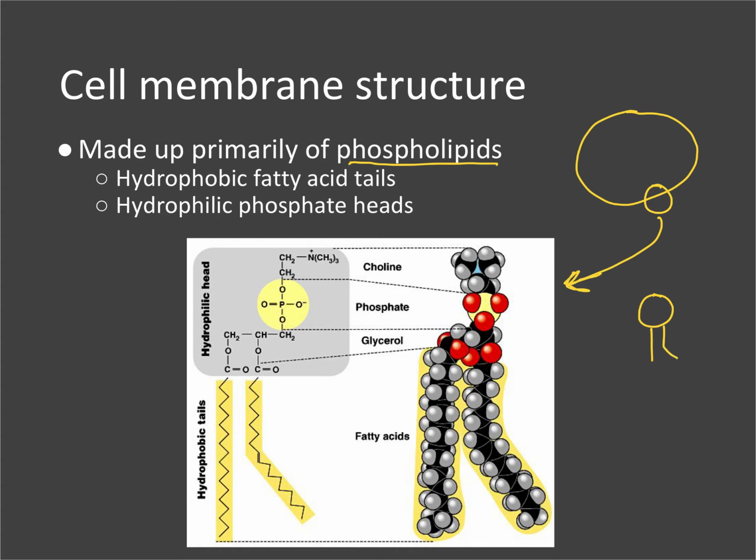All right, so the head part up here is the phosphate head. And then the tails are made up of fatty acids. So these are the lipid tails that are fatty acids.